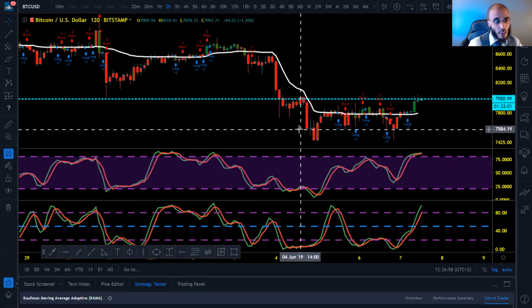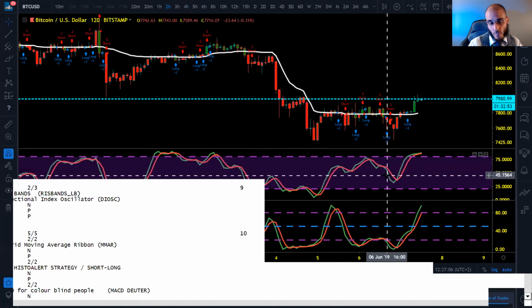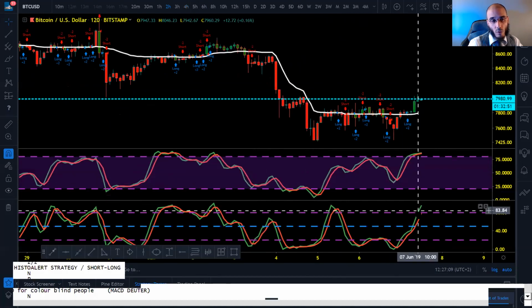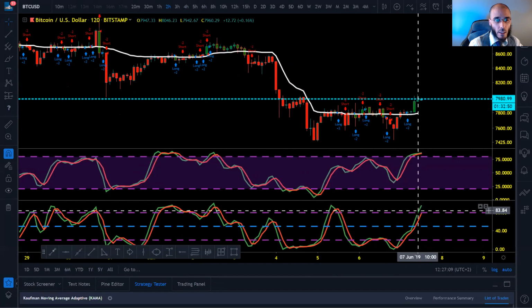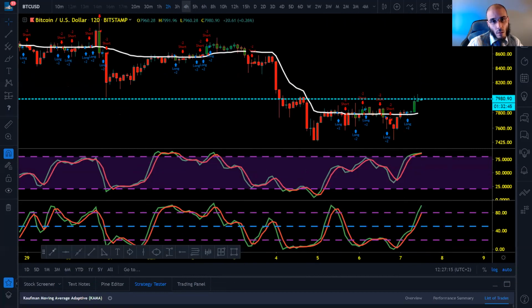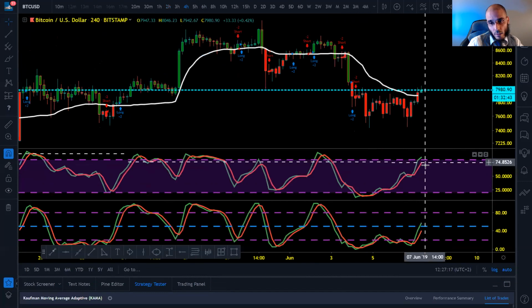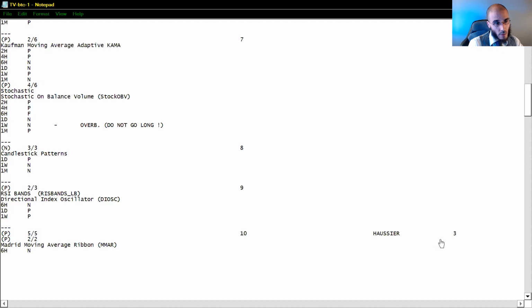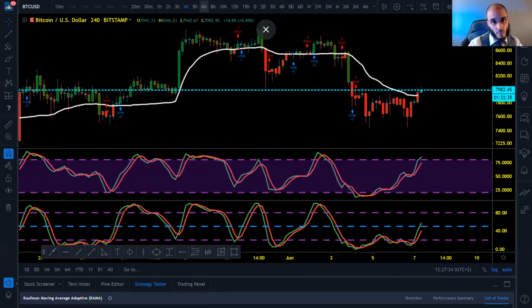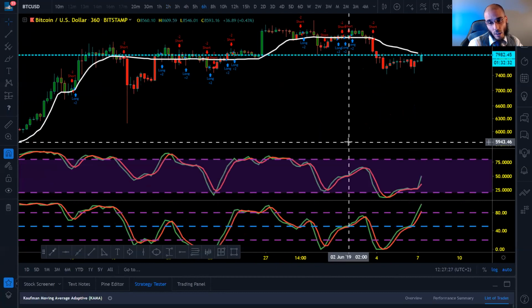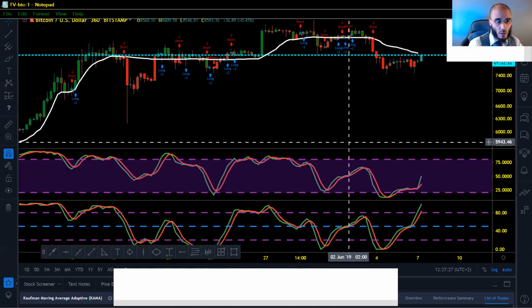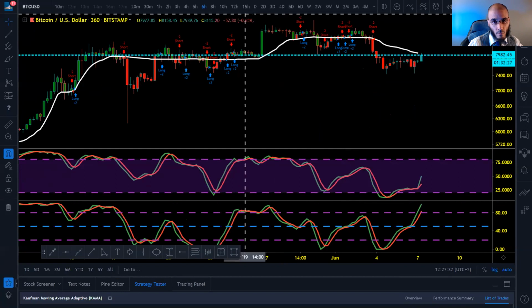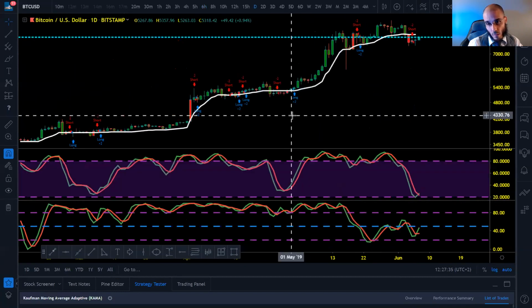And now we'll take a look at the stochastic. Stochastic is positive on the 2 hour chart. Yesterday it was negative. Stochastic is positive on the 4 hour chart. Yesterday it was positive too. Stochastic is positive on the 6 hour chart. Stochastic just went positive on the 1 day chart. Yesterday it was negative.